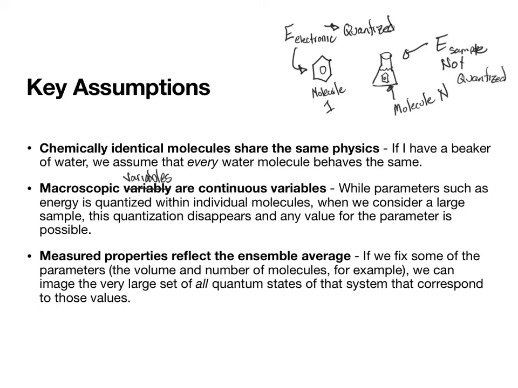If we fix some of the parameters, so we set some of the parameters as known values, for example the volume and number of molecules, we can imagine that the very large set of all quantum states of the system can correspond to some average or overall measurement of the quantum states.